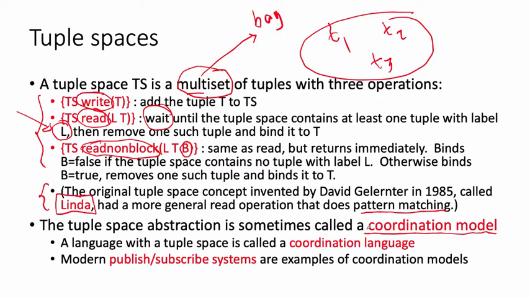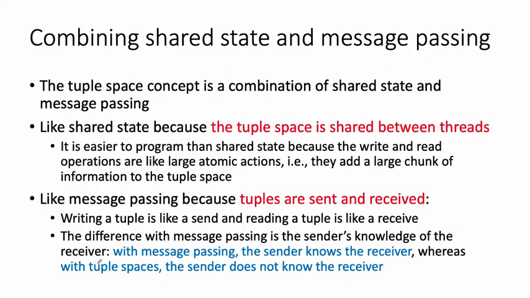When people talk about coordination models, they mean tuple spaces, and a language with a tuple space is sometimes called a coordination language. Today there are very common systems called publish-subscribe systems, where you can publish messages and you can subscribe and get messages. These are actually tuple spaces. They're examples of, or variations on, the coordination model.